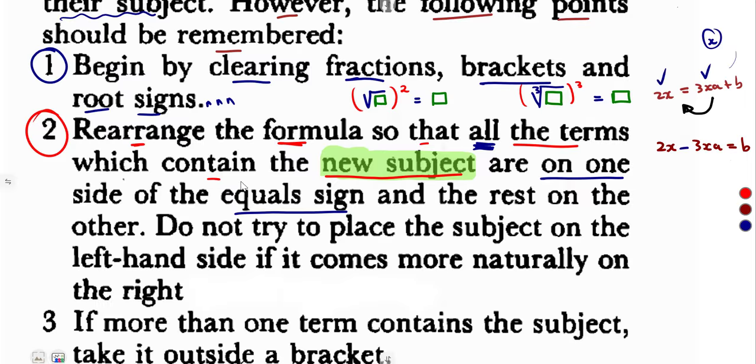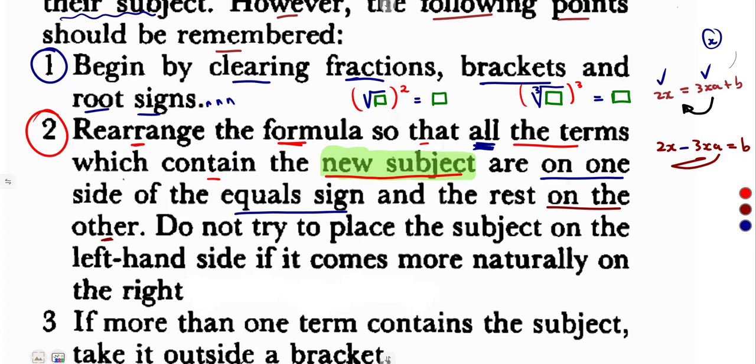So this is what they're trying to say. You take the terms to one side of the equal sign, the ones that have the new subject, the letter that is to be the subject of the formula, and the rest on the other, meaning the other terms which do not contain the new subject. Maybe you're talking about x, the terms which do not have x, you have them on one side of the equal sign.